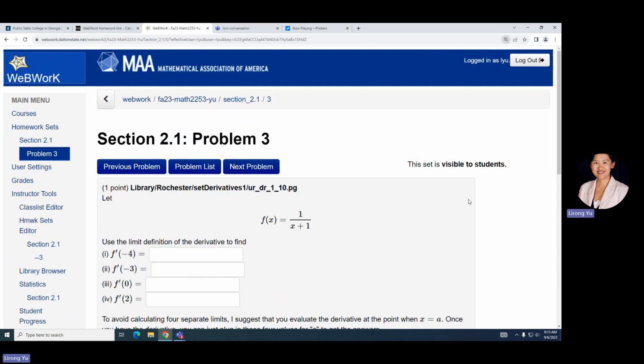All right, so this kind of question, what we're gonna do is try to find the derivative function. And once you have the outcome of x, you can plug in 4, plug in 3, plug in 0, whatever derivative you wish to find, and we'll be able to apply the formula. So let's try this.